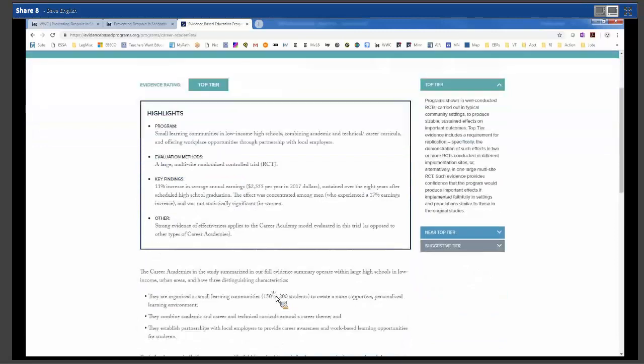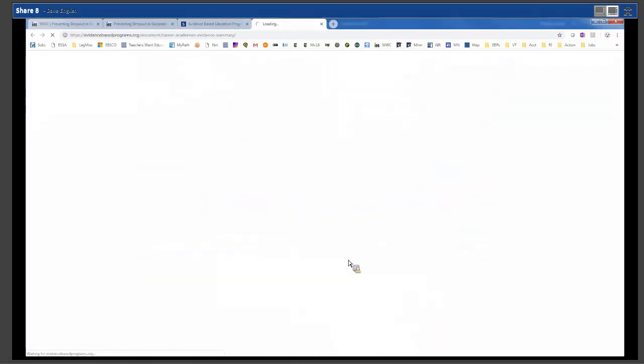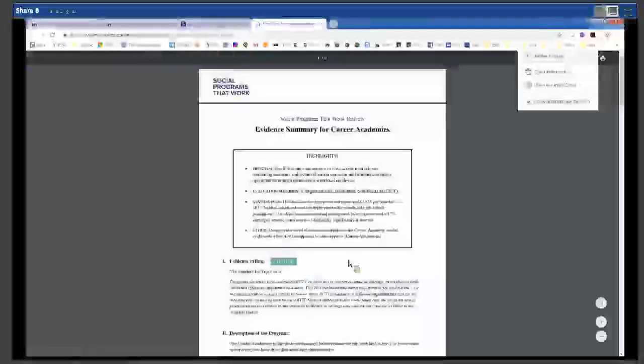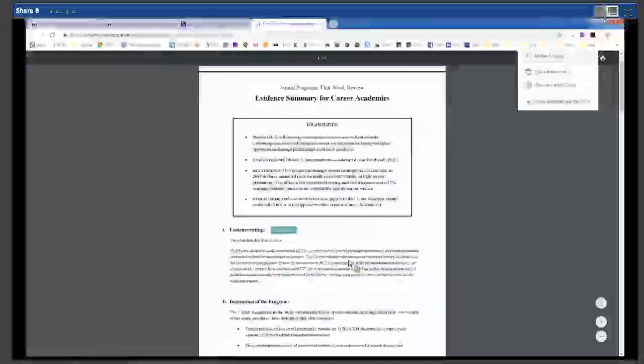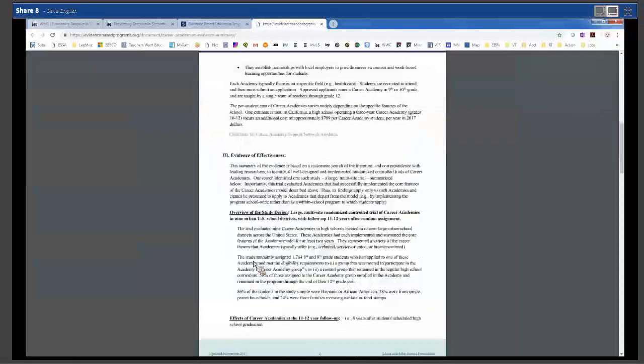For this particular website, if you go into a given intervention and you go into the evaluation methods section, here you're going to find sample size information. You're going to scroll down, and in the overview of the study design, look at this. The study randomly assigned 1,764 students.